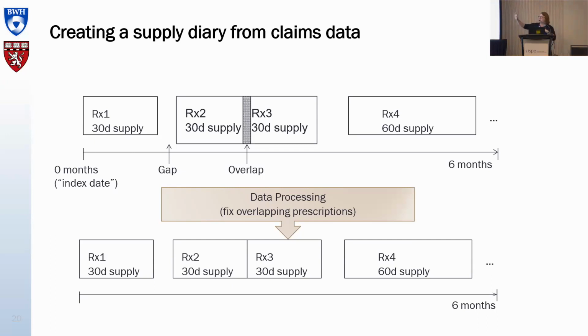So you're taking those fills. Here's an example of one patient where you have 4 prescription fills. The first 3 were 30 days, intended for a month, and then the last one was filled for 60 days, or written for 2 months.